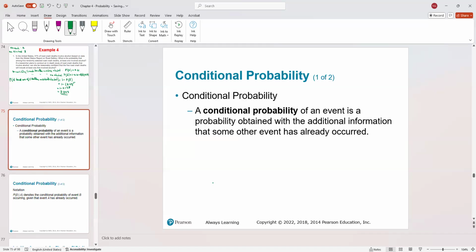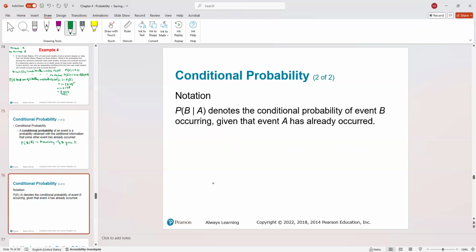So we write it this way. If you have events A and B, you can write event B given A, the probability of B given A. That's how you can read it. All right, so let's see it closer.